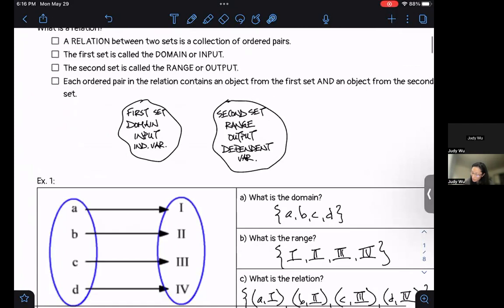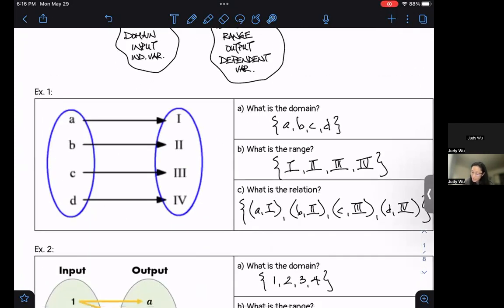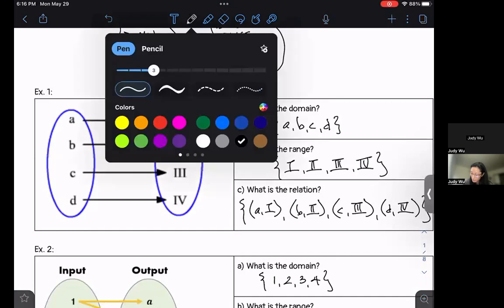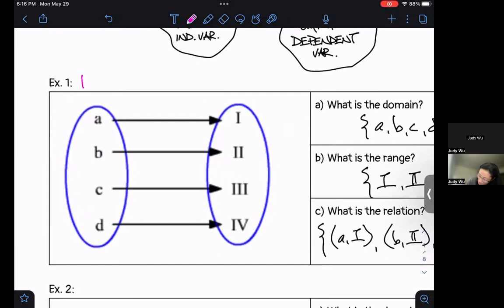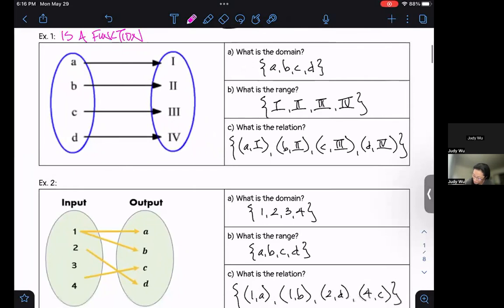It turns out that example 1 here is an example of a function. And it turns out that example 2 is not a function.